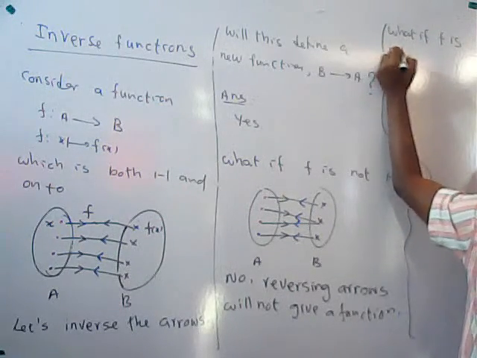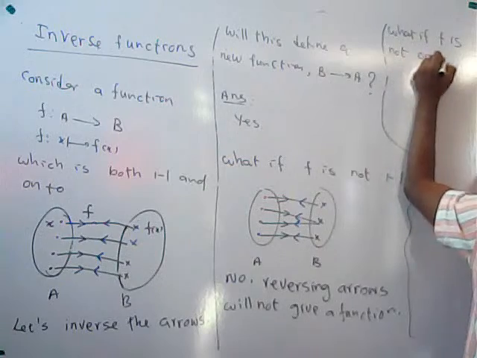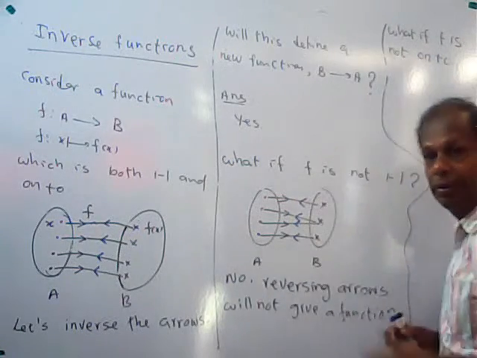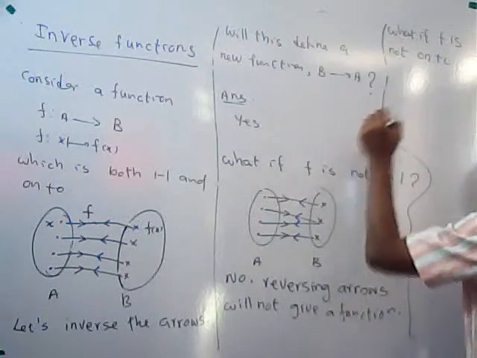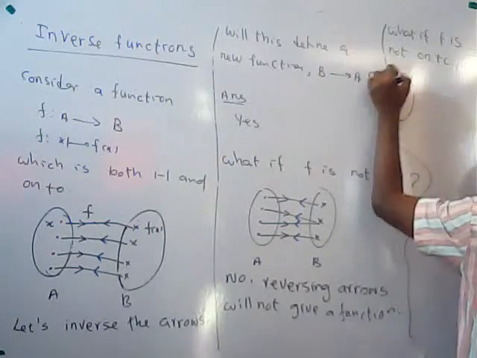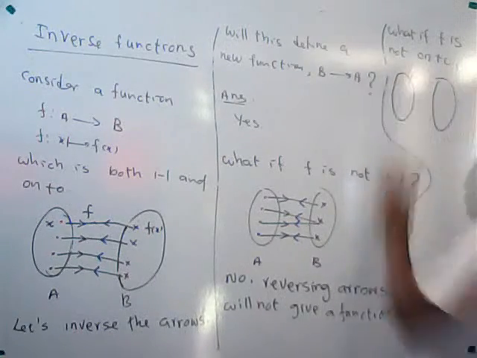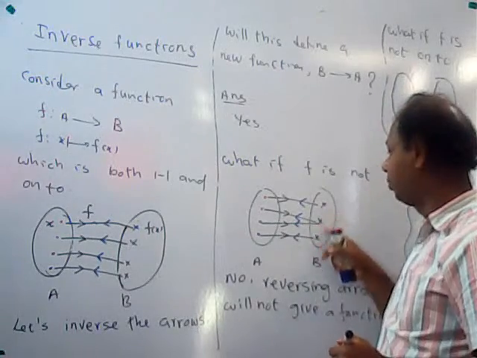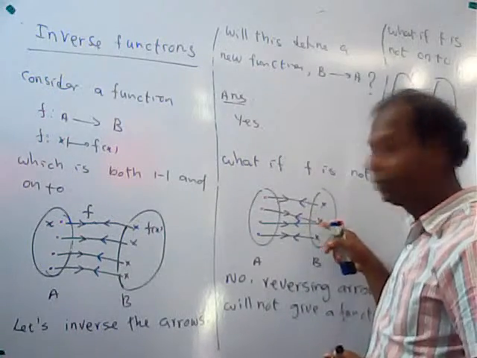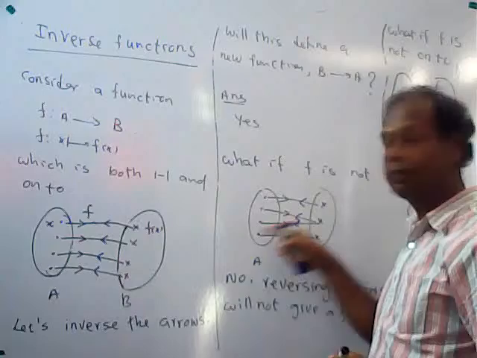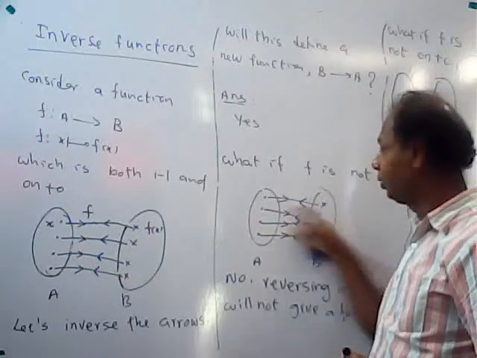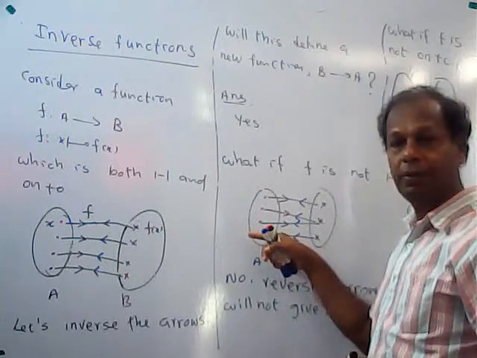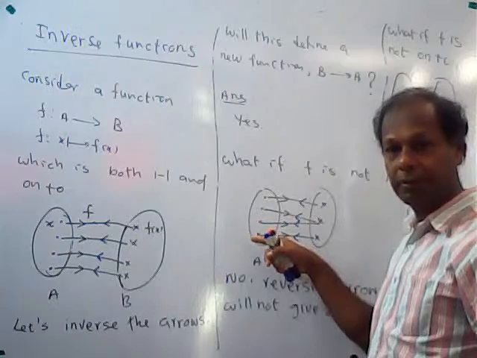Maybe it is one to one, but not onto. Will it define a function back from B to A? Yeah, to be a function, there can't be elements like this: one element in the domain going to two elements in the codomain. So it can't happen, right?